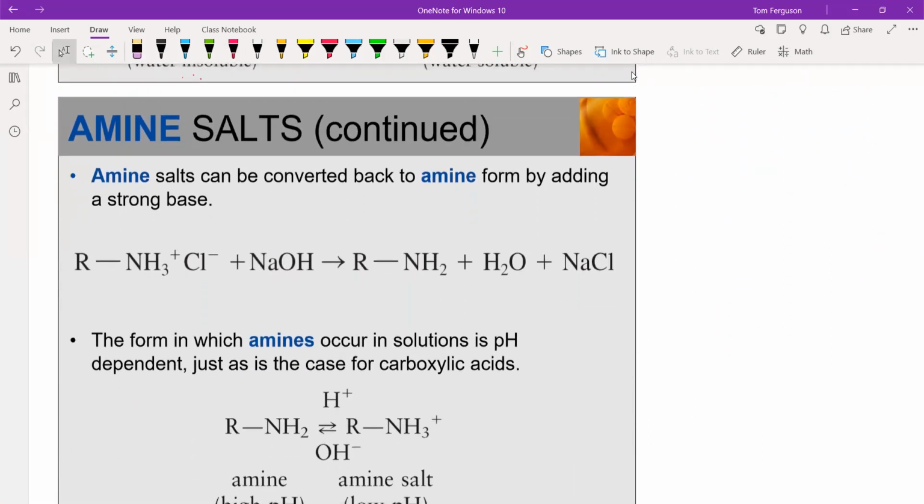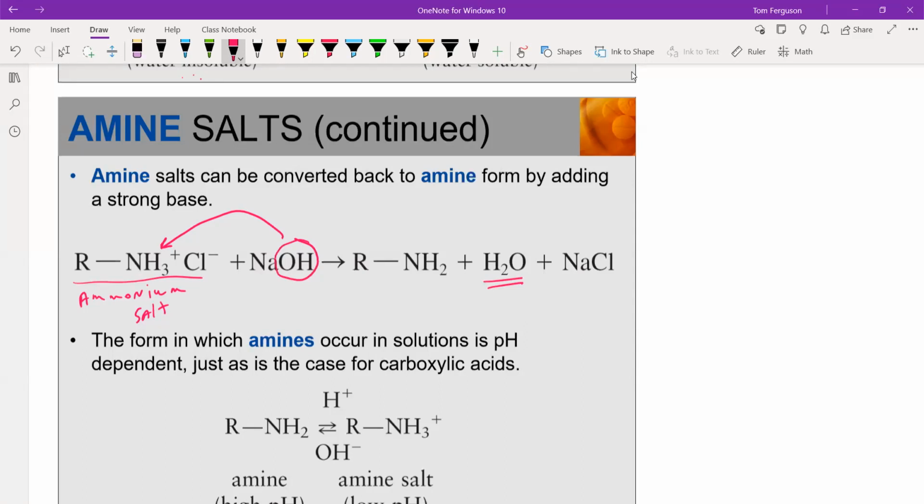Now, this would be the ammonium salt. And then this guy grabs an H plus and forms water.